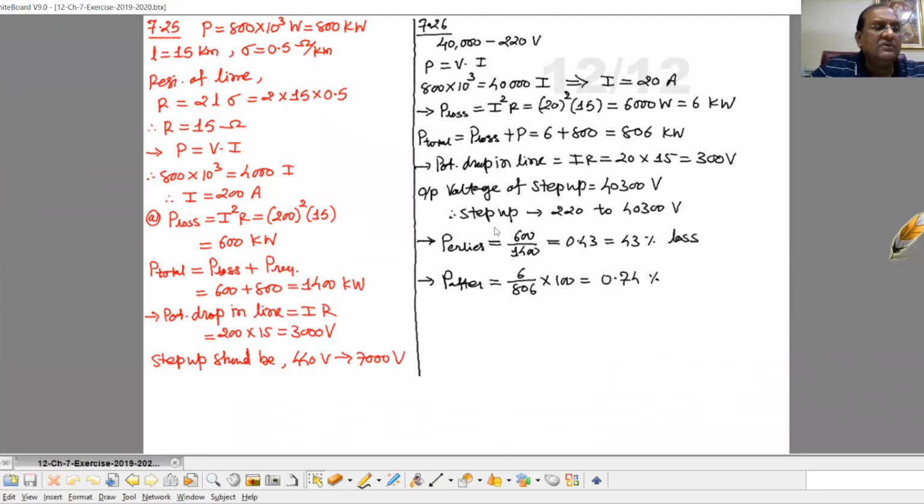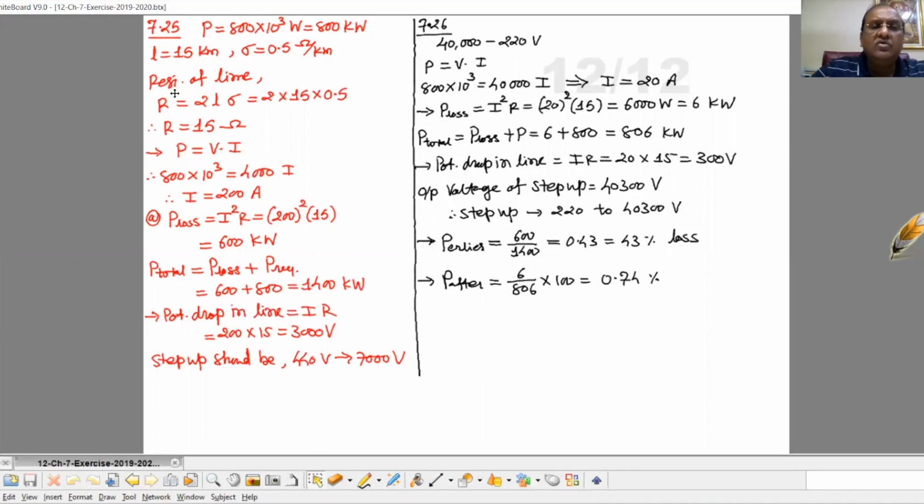Okay. Now see the requirement of power at the town, that is 800 kilowatt. So that is 800 into 10 raised to 3 watt. Clear? Now the power line has length equal to 15 kilometer and resistance per kilometer that is 0.5.